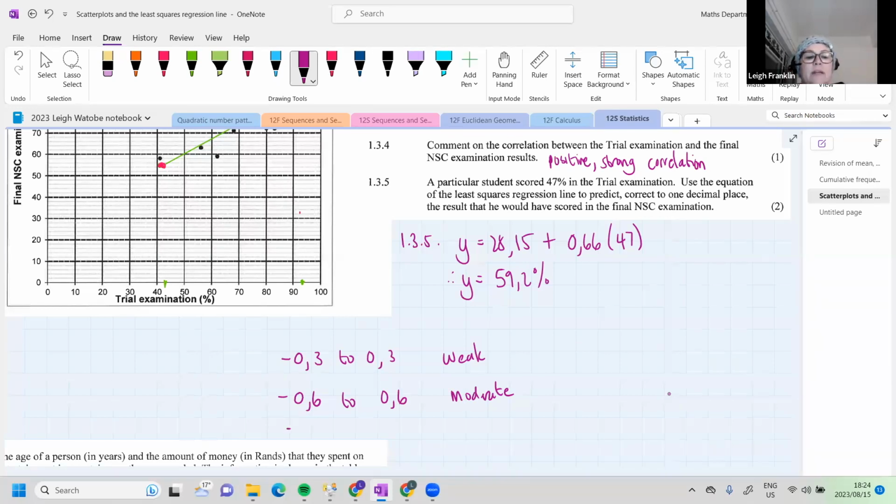If you are dealing with negative 0.8 to 0.8, it would be strong. And from 0.9 up, it would be a very strong positive. So the idea is that the closer we get to 0, the weaker it becomes.